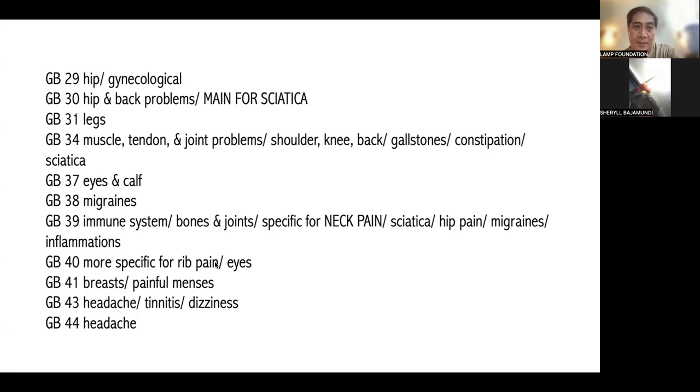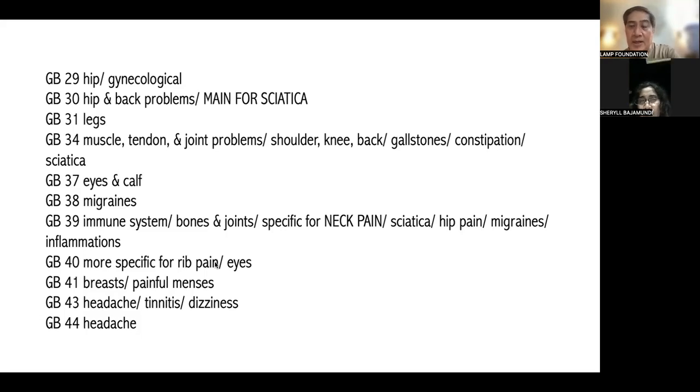So if you are very interested in studying balancing technique, we can always ask Dr. Gavino for the lecture. Are you familiar with the balancing method? Yes. Knee pain, back pain, gallstones, constipation, sciatica. So we now have two points that we know for sciatica: GB30, GB34.